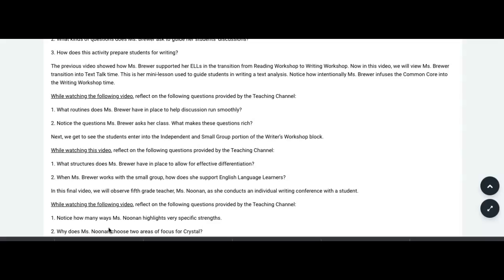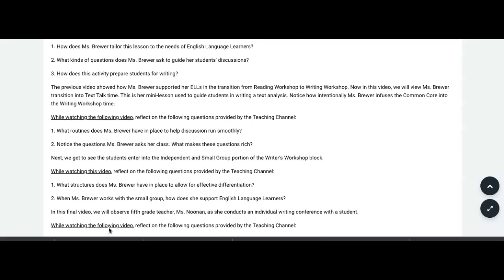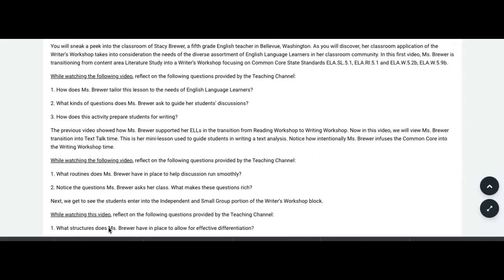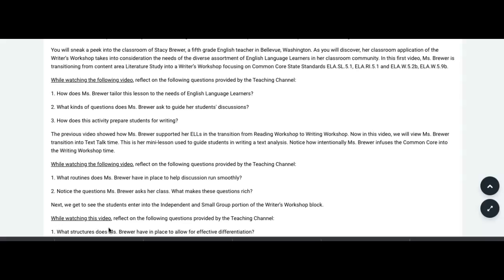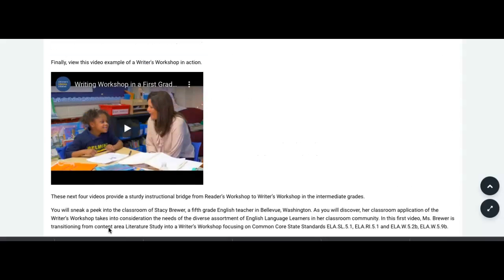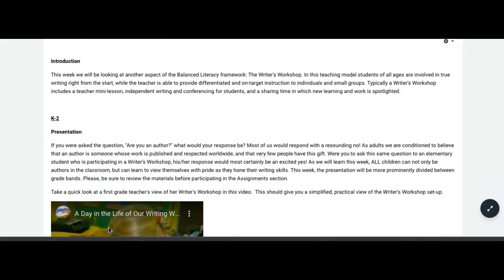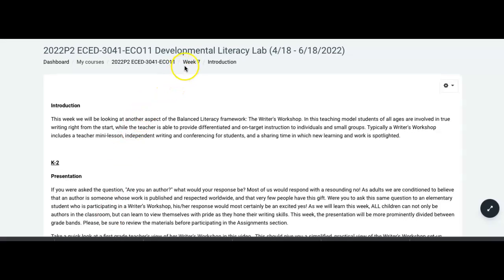As you do some additional research and plan your own mini lesson this week, be sure to take some time to look at additional works of Katie Woodray and also works of Lucy Calkins. These 2 ladies are just the gurus of writing workshop.